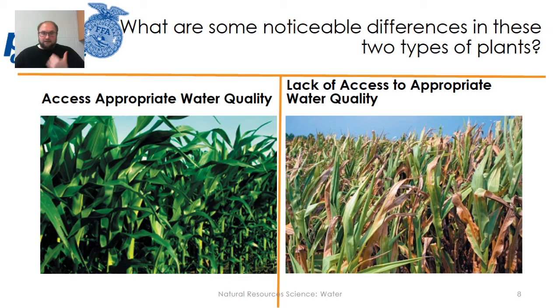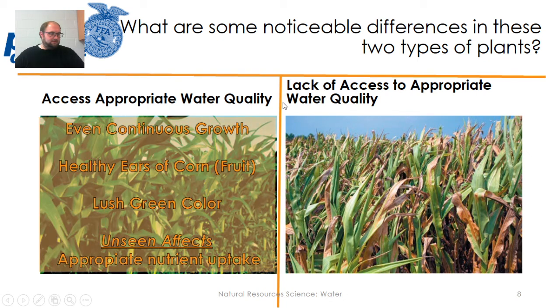So, some of the things that you may have noticed that are differences between these plants are, well, first, our corn that has appropriate access to water, quality water. It has continuous growth.